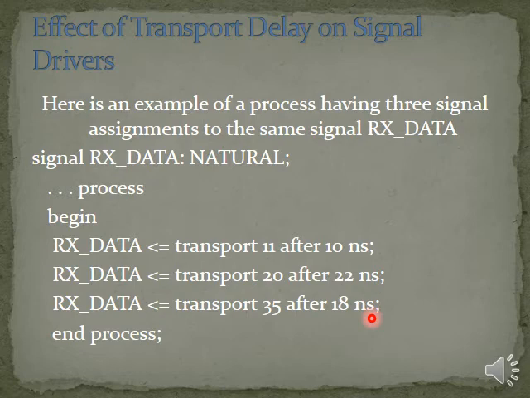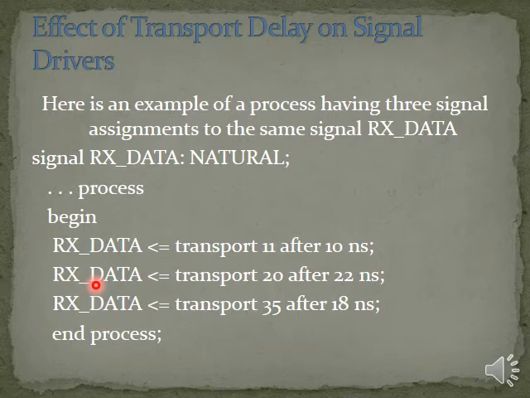Then how are you going to get the output, that is the thing. After executing, there is only one signal here. First when the time passes 10 nanoseconds, now your Rx data is 11. Then it executes the next one. After 22 nanoseconds, 20 is assigned to this Rx data.